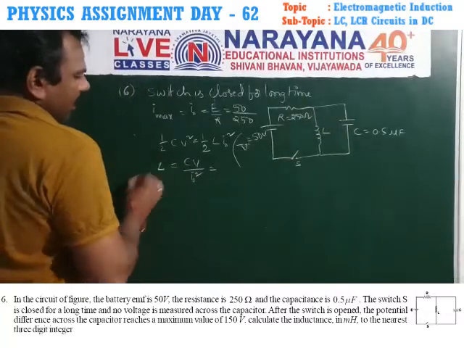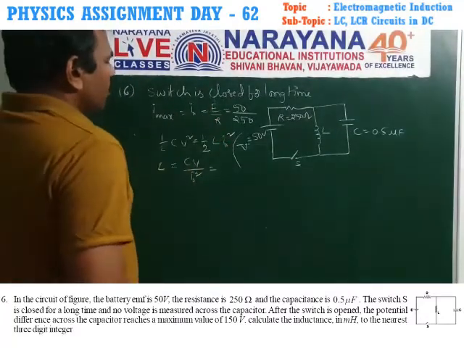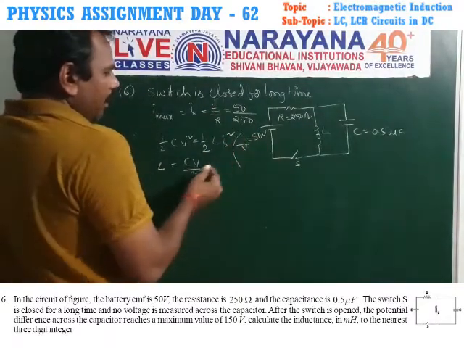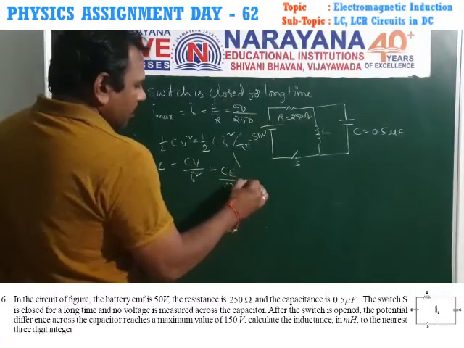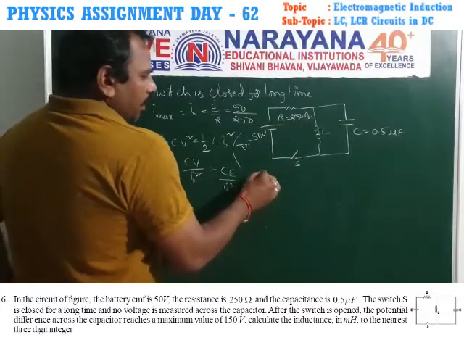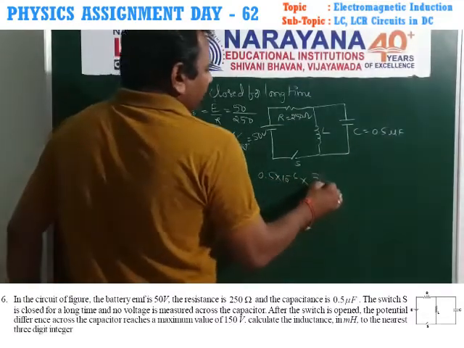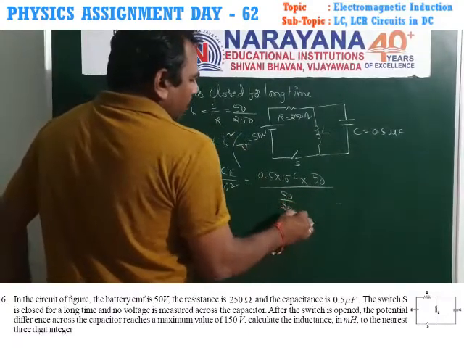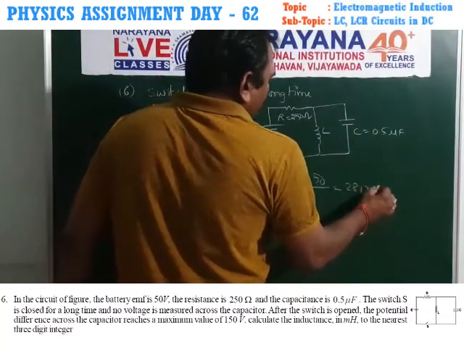Using this, the inductor value L is equal to CV by I0, and I0 is replaced with E by R. So finally L is equal to C E by I0 squared, which is equal to C, the capacitor's value 0.5 into 10 power minus 6, into E value 50 by I0 value, so 50 by 250 whole squared. By calculating this, we have 281 milliampere.